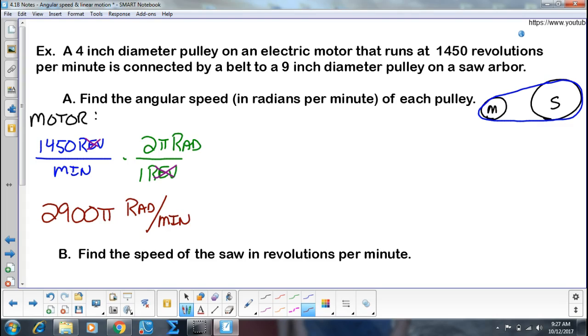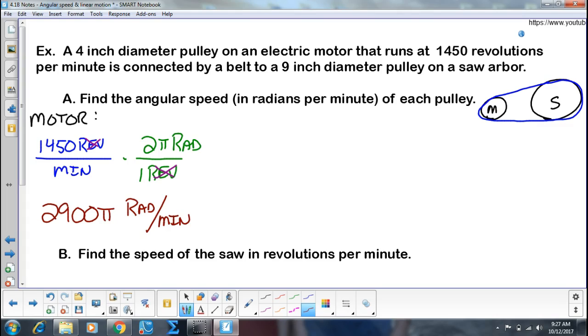Okay. Now, you got to use some logic here in going to the other pulley. So the motor, the small pulley, is spinning around and around and around. The big pulley is also spinning. But are they spinning at the same rate? No, because they're not the same size.